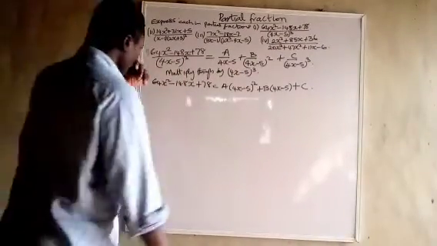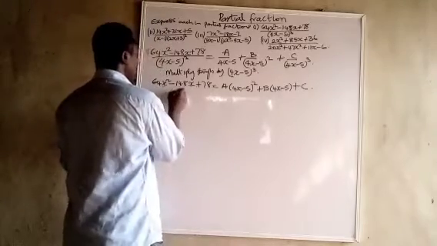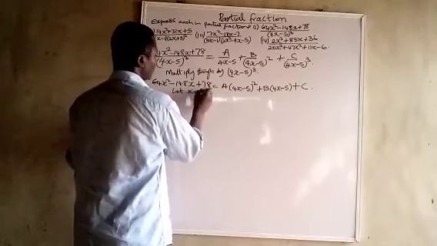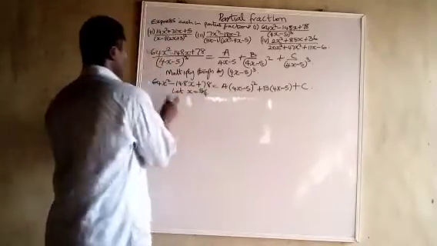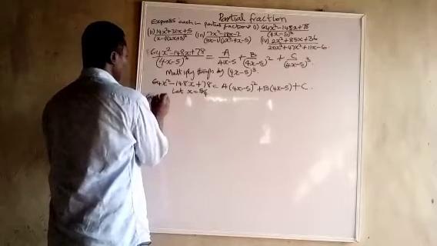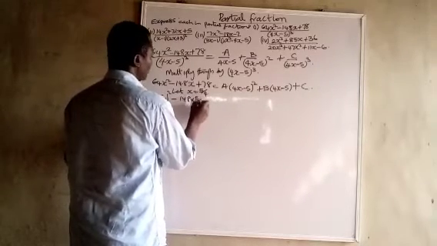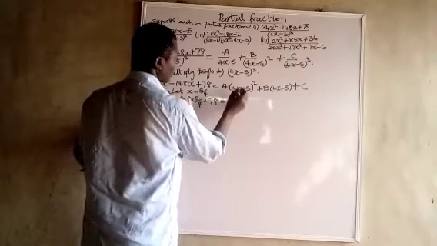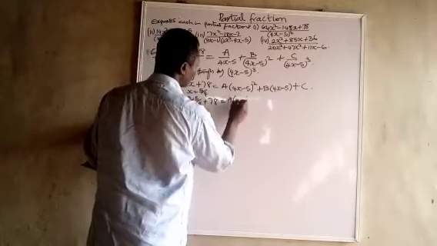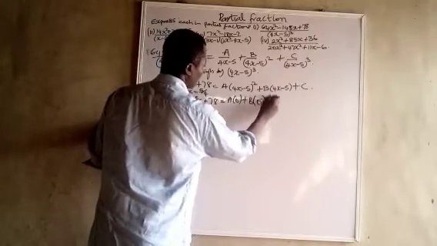Then let's make x to be 5 over 4 so that this will be 0. This will be 0. So I'm going to have 64 into 5 over 4 squared minus 148 times 5 over 4 plus 78 equals, this one is 0, this one is 0, plus b plus c.